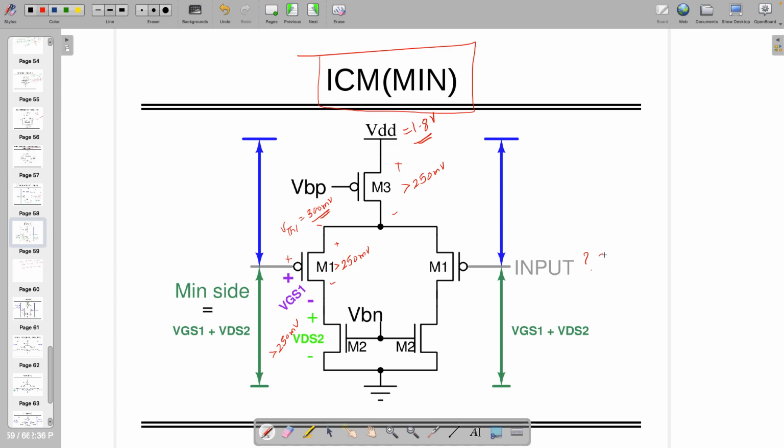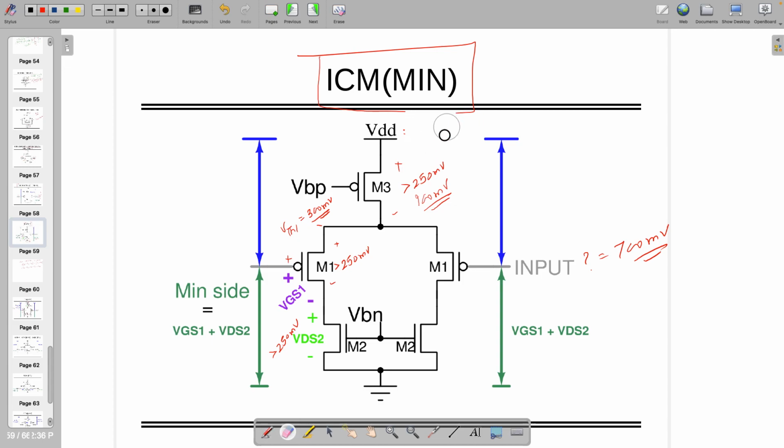Note that if you are giving 700 millivolt here, then this will become around 900 millivolt. You see? So it's only adjustment of the voltages. It will follow KVL. But here you have enough headroom available. That's why you can do it.